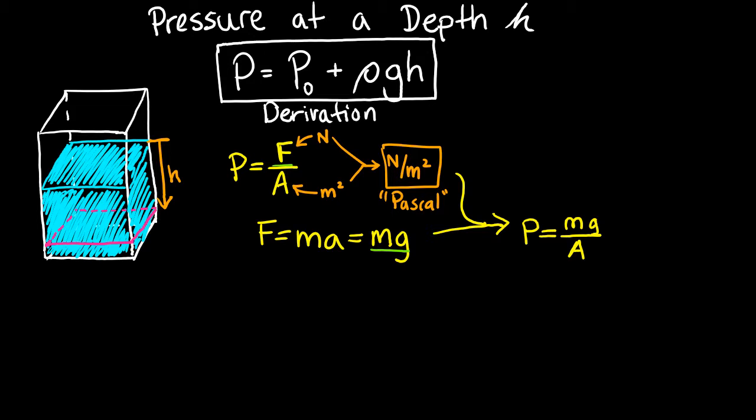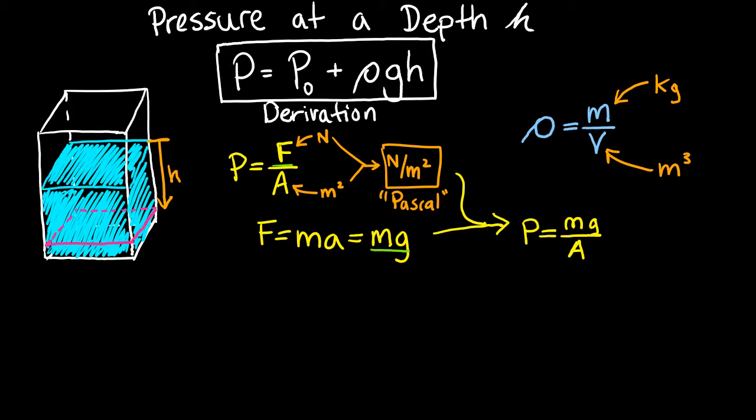Now we must think of the density equation. Density, which we can denote using the Greek symbol rho, equals mass divided by volume. The unit that is used for mass is the kilogram. The unit that is used for volume is the cubic meter.